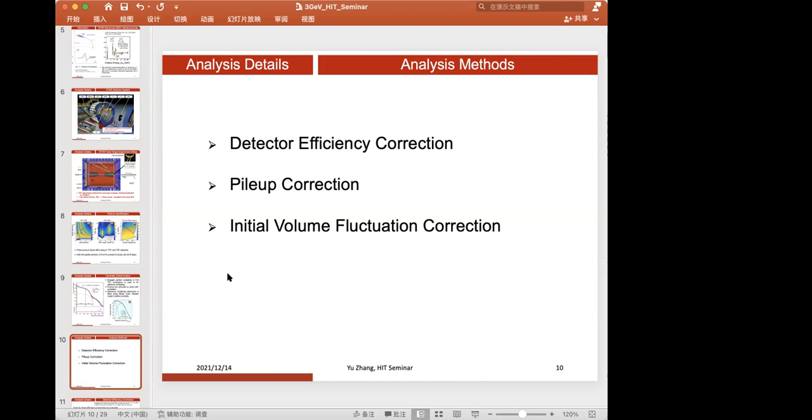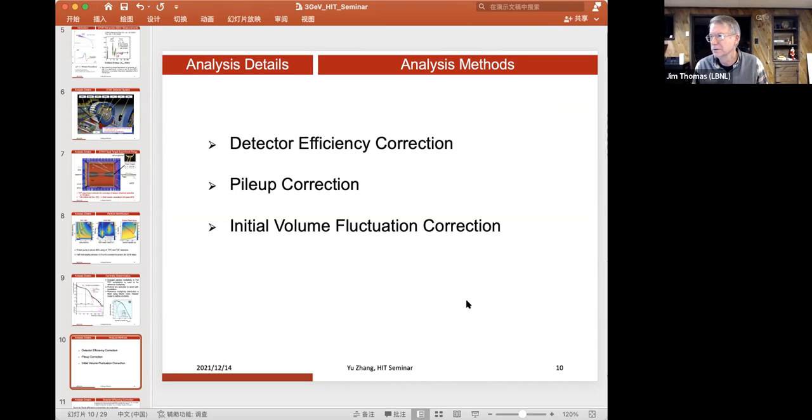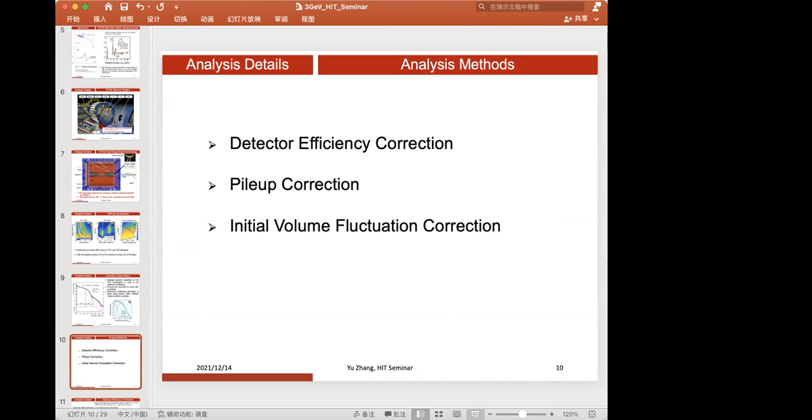Can you hear us? We don't hear you. Can you switch to your phone hotspot? Wi-Fi is not stable. Tell him he has to go to the icon here at the bottom and choose the phone. I don't know whether he knows. He knows? Okay.